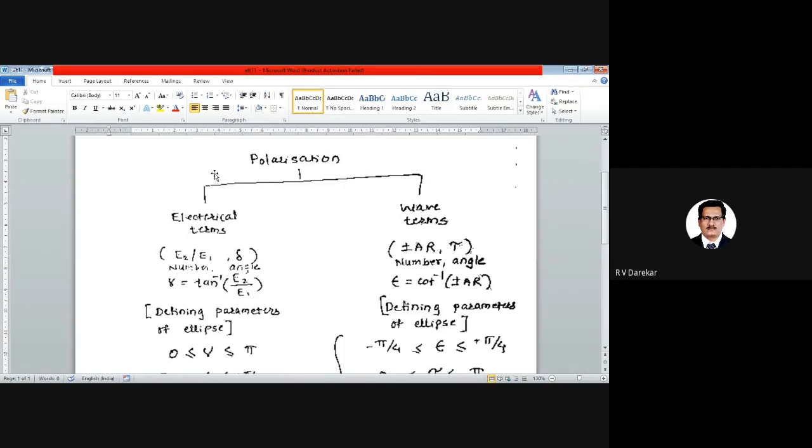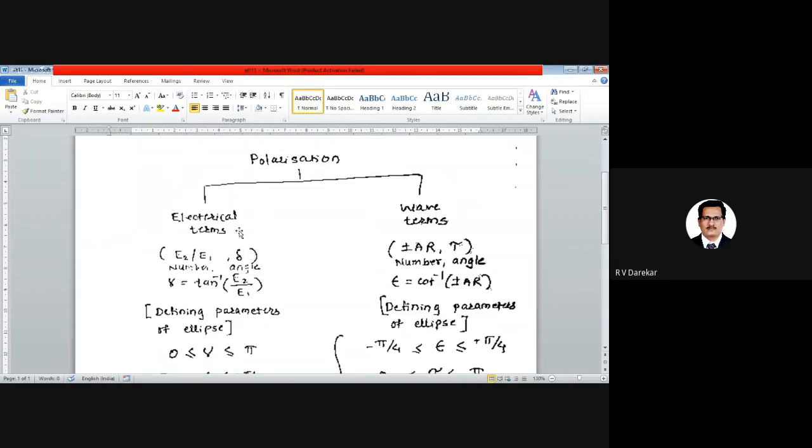If electrical terms are considered, E1 and E2 are the components of the electric field, and the ratio E2 by E1 will definitely be a number. Also we know that delta is the angle made by the type of polarization. This can also be defined as a tilt angle.